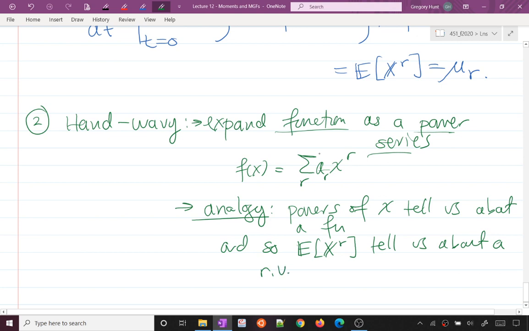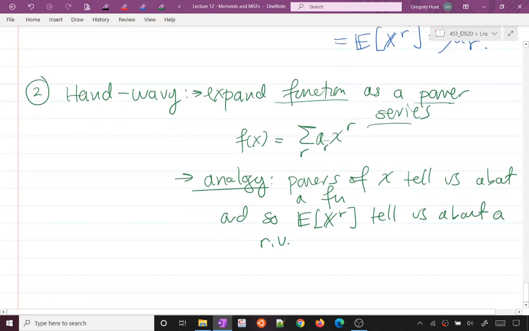If I want to totally characterize a function, I need to know how to combine the powers of x correctly in a power series or Taylor series. Analogously, I can know everything I need to know about x if I look at the expected value of powers of x, where x now is a random variable, instead of a function where I can know everything about my function if I know something about my powers of x.